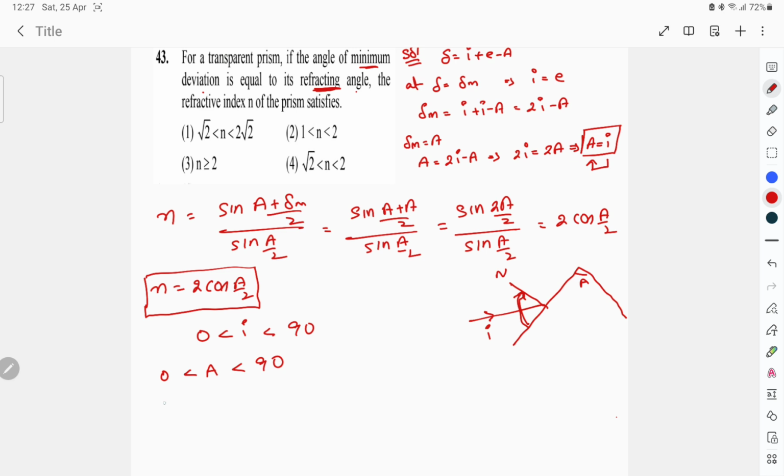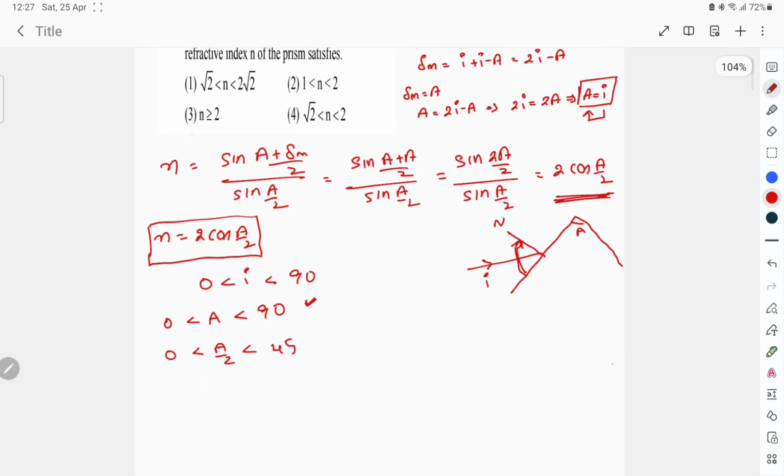Now I want to modify this equation in terms of this one. So here 0 less than A by 2 less than 90 by 2, which is nothing but 45 degrees. Now I will add cos.